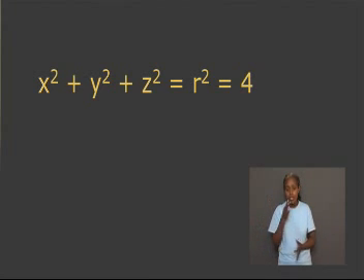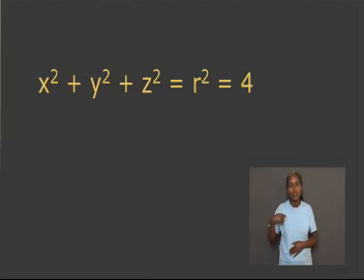If r equals 2, then the equation of this sphere is expressed as x squared plus y squared plus z squared, which is equal to 4. Notice that the sum is equal to the radius squared.